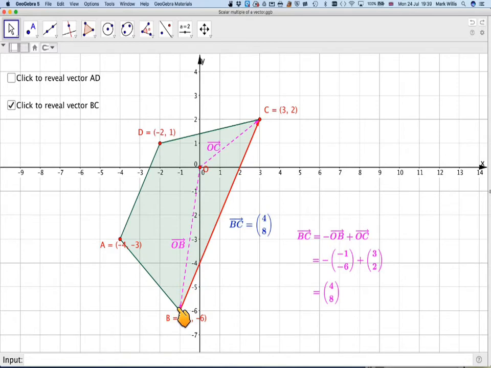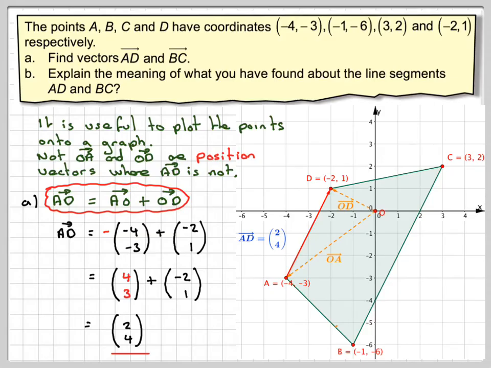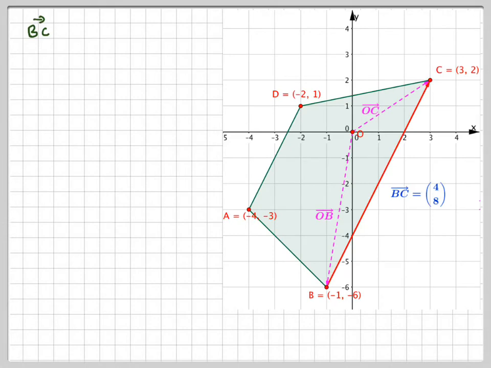We're going BO, so we're going against the arrow of OB, but we're going with the arrow of OC. So we're going to have that BC is minus OB plus OC. And again, I've got this GeoGebra applet in the notes of the video.